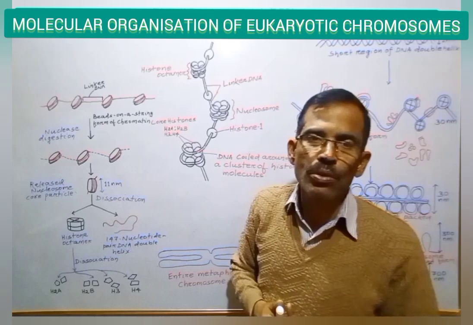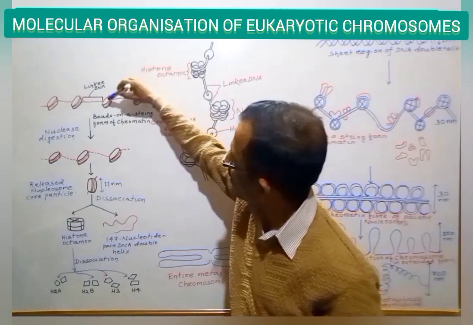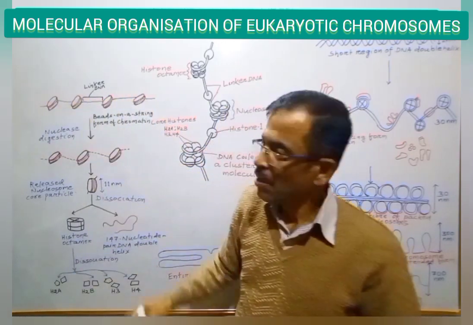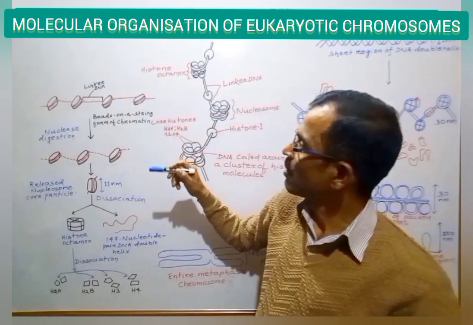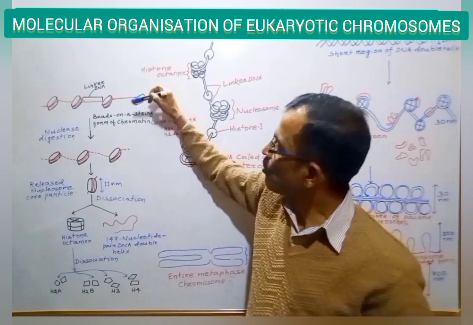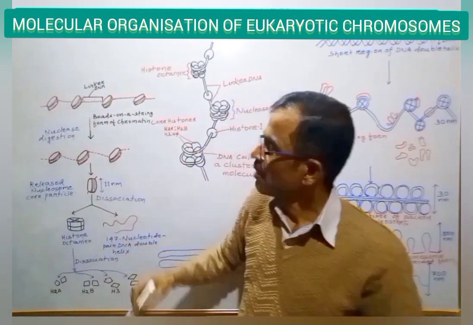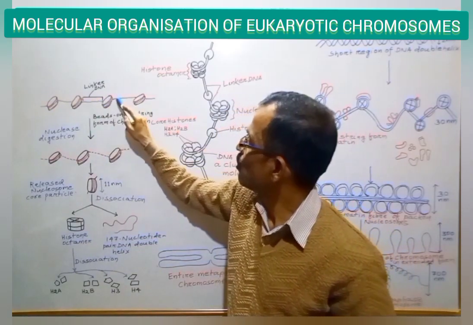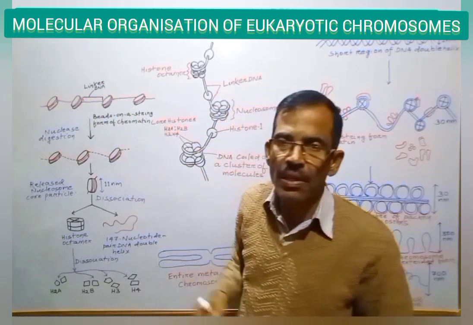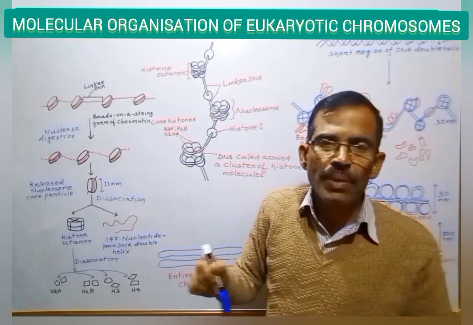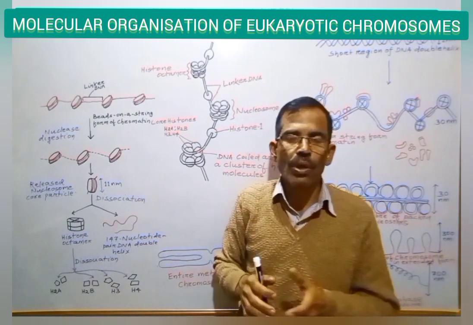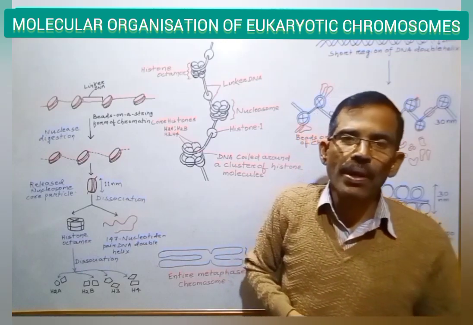So in this chromatin fiber, the DNA is coiled around a number of nucleosome core particles. The stretch of DNA present between core particles is called linker DNA. The length of the linker DNA varies from a few nucleotide pairs to about 50 nucleotide pairs.